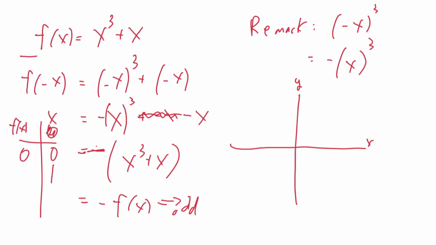When x is 1, f of x is 2. So maybe our sketch is something like this. And now I use the fact that I have odd symmetry. So perhaps it looks approximately like this. I plot a few points on one branch of the function, and then I use the symmetry properties to fill out the picture.